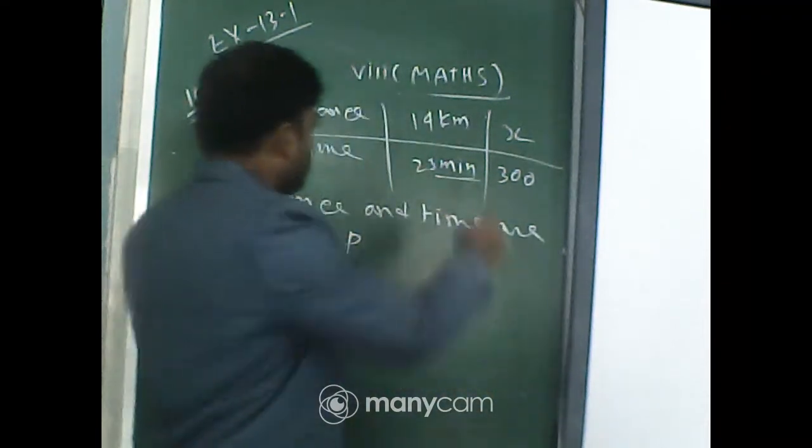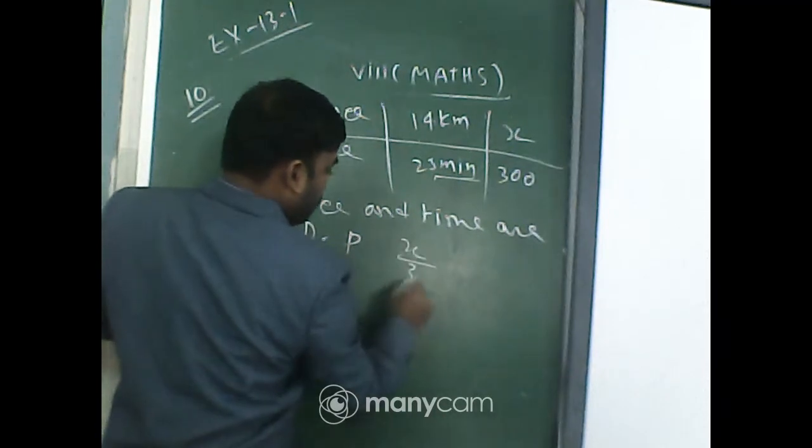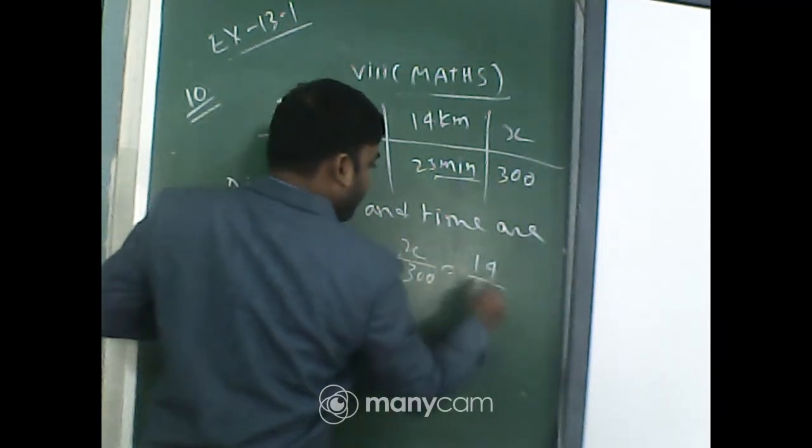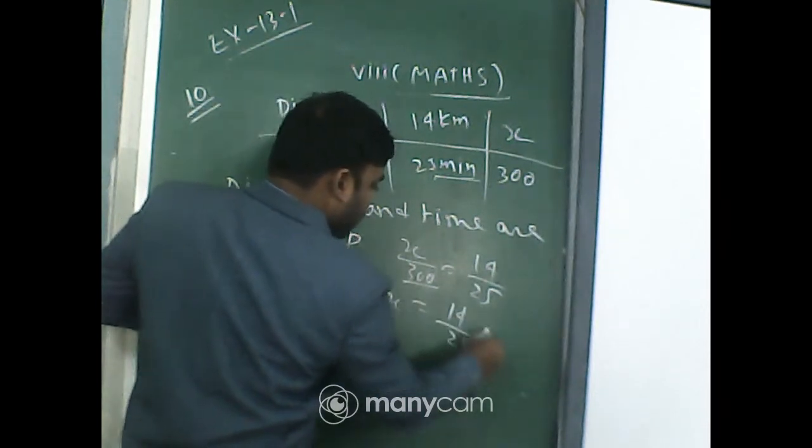So x by 300 equals 14 by 25. x equals 14 into 300 by 25.